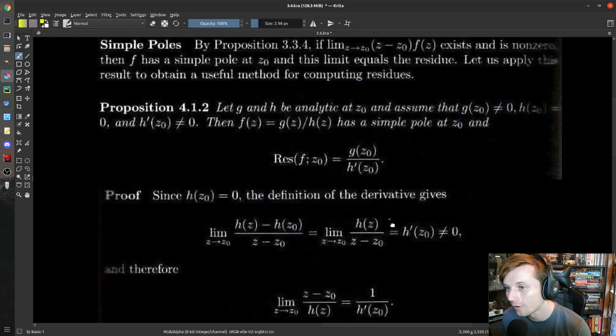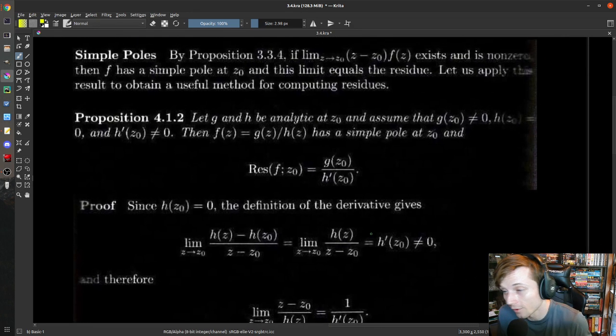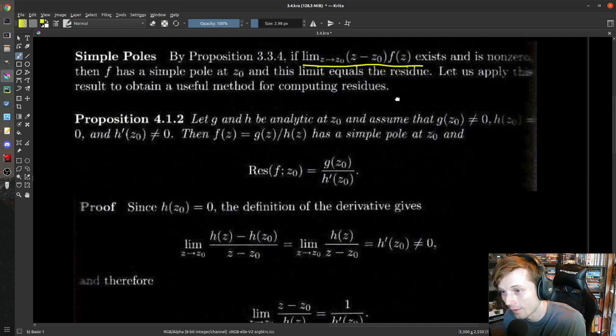Now, simple poles, this is like the case like 1 over z. This is where things start to get a little more interesting. By proposition 3.3.4, if the limit as z goes to z naught of z minus z naught times f of z exists and is non-zero, then you have a simple pole at z naught, and this limit equals the residue.